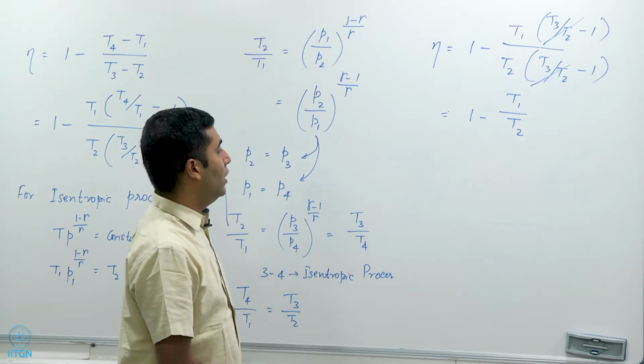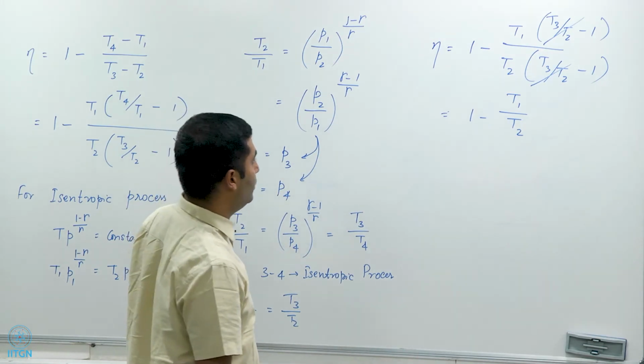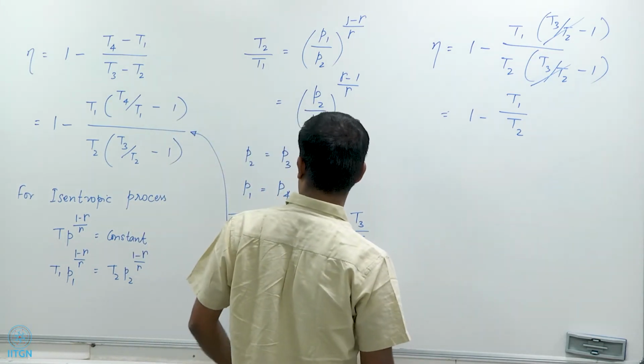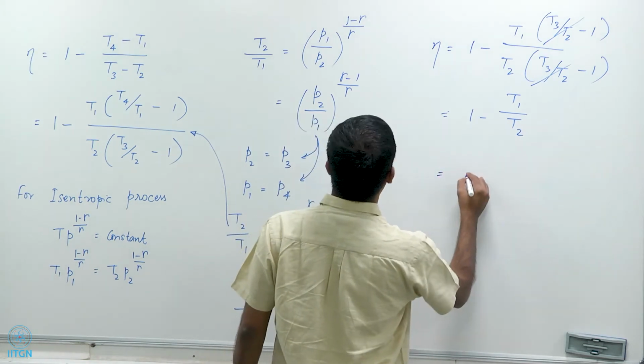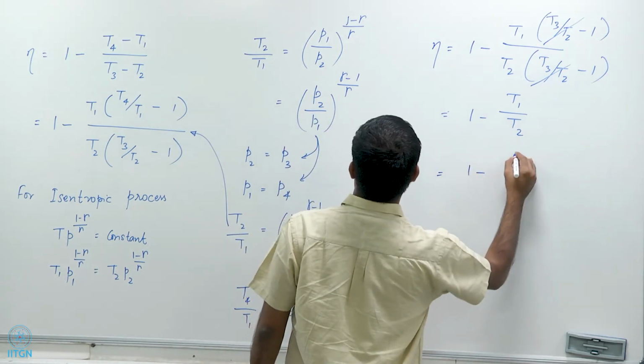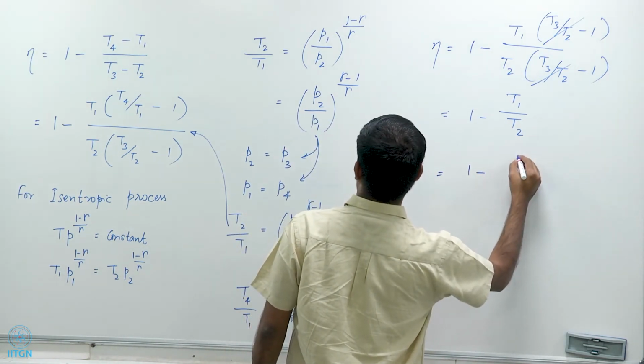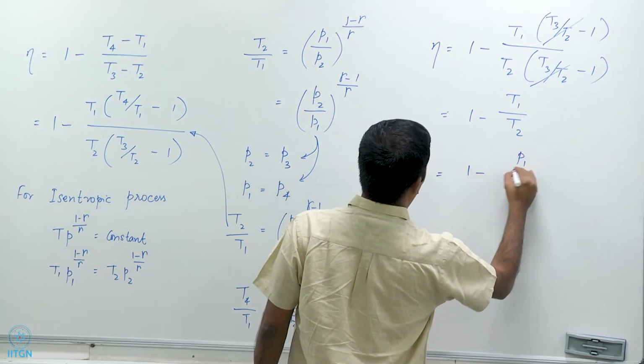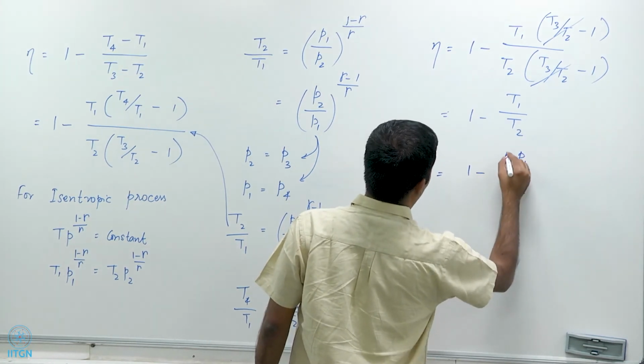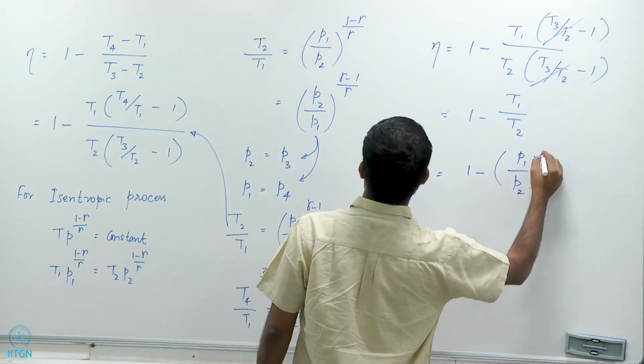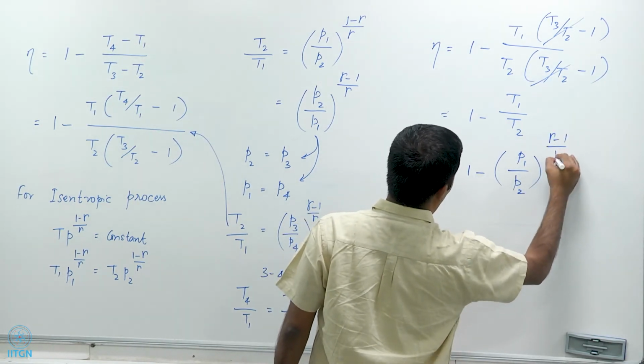So, therefore, this is just 1 minus T1 by T2, and we can also write this as equal to 1 minus (P1 over P2) to the power gamma minus 1 over gamma.